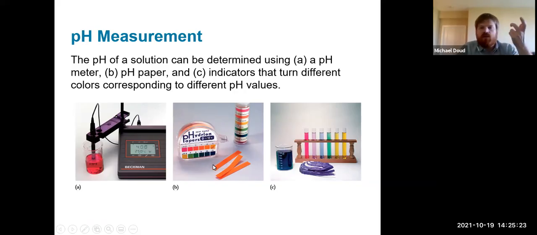So a very convenient way to be able to measure pH. And then, of course, you can use individual indicators like what we've seen with phenolphthalein that can switch its color at different pH values.